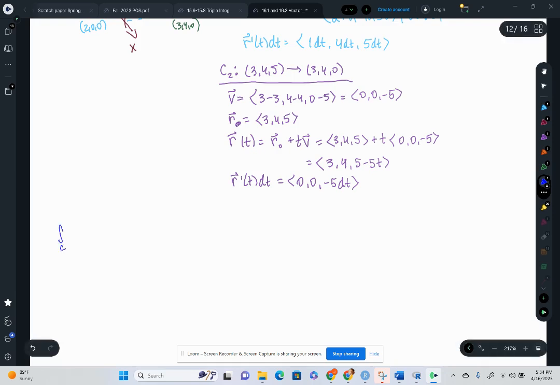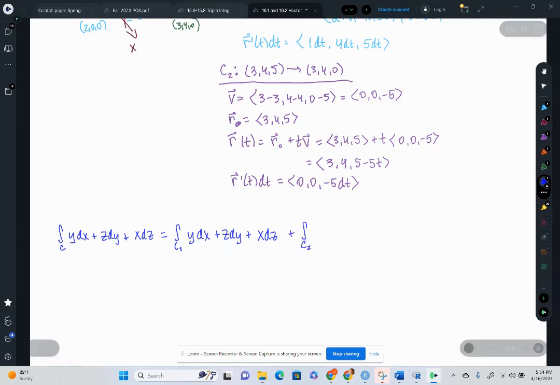So the integral over C of y dx plus z dy plus x dz will have to be two line integrals, one over C1 of y dx plus z dy plus x dz, plus another line integral, but over C2. I need to stay consistent with my colors.